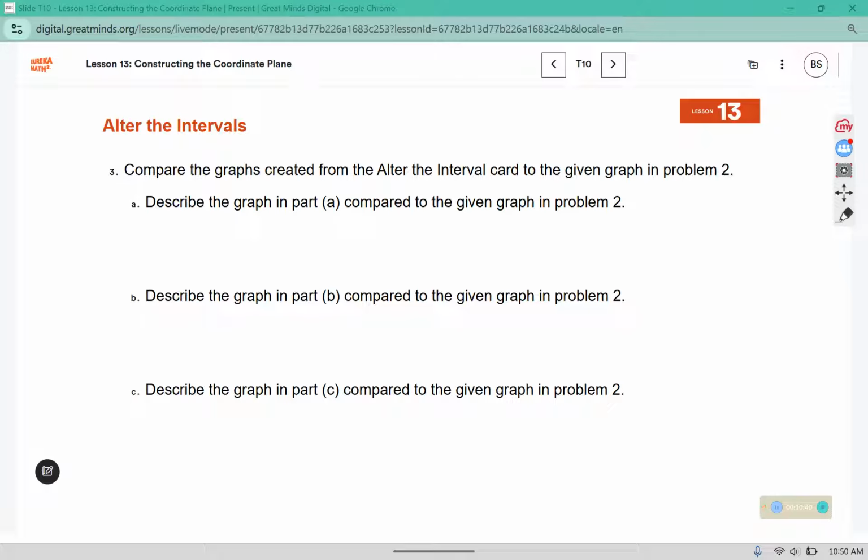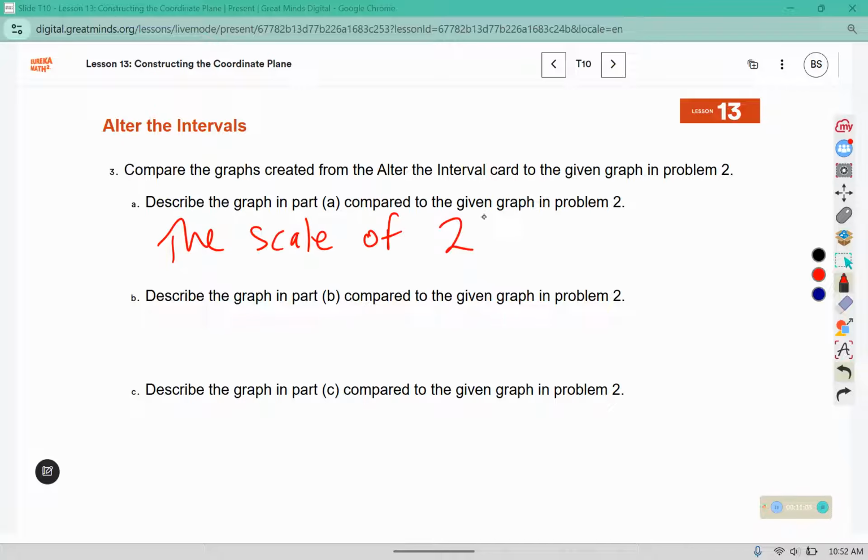Compare the graphs created from the alter the interval card to the given graph in problem 2. Describe the graph in part A compared to the graph in problem 2. Describe B and C compared to them. In the first one, the scale of 2 made them appear closer together.